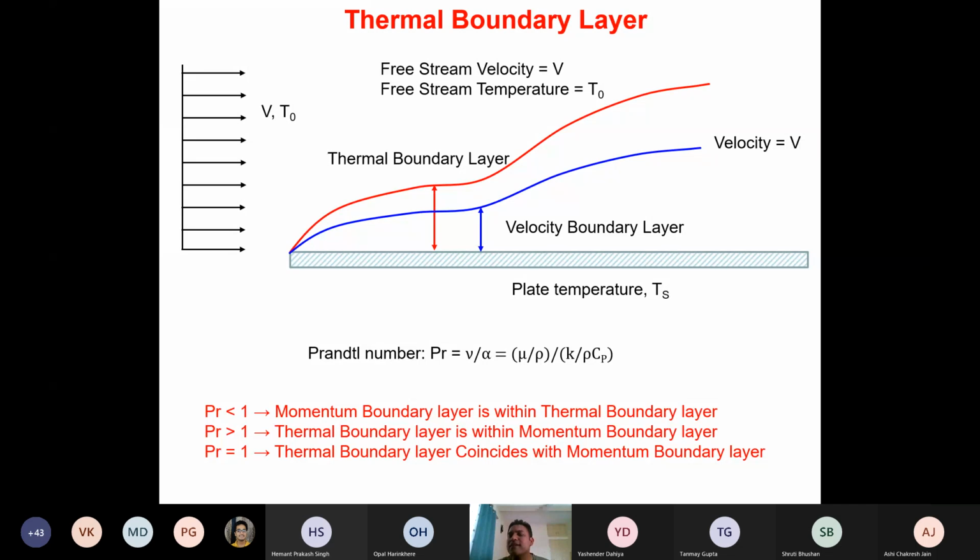But in most cases, people consider it very close to 1. So here you can see the thermal boundary layer and the velocity boundary layer are more or less coinciding with each other, even though the thermal boundary layer has to be slightly above the momentum boundary layer. Is it clear to everyone?